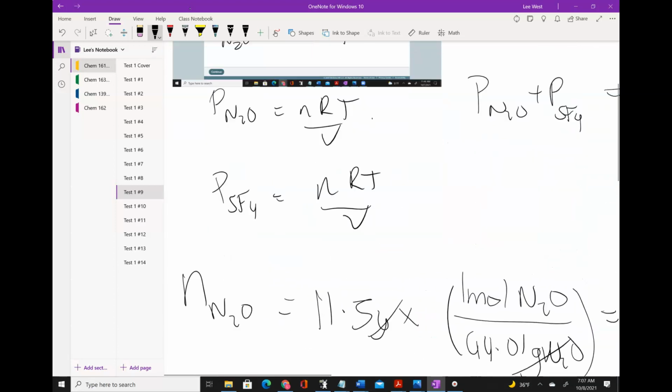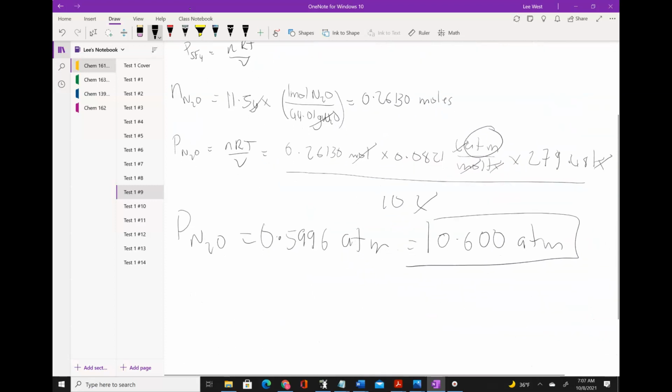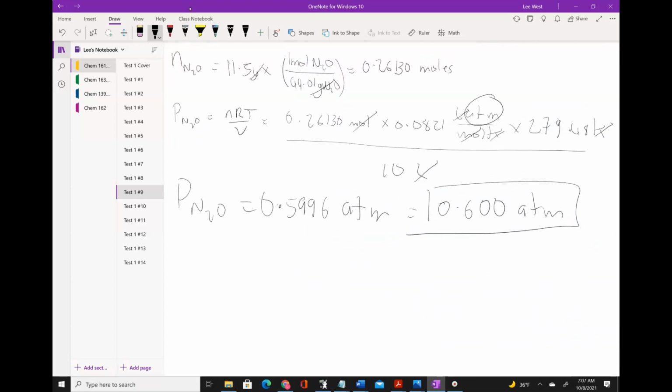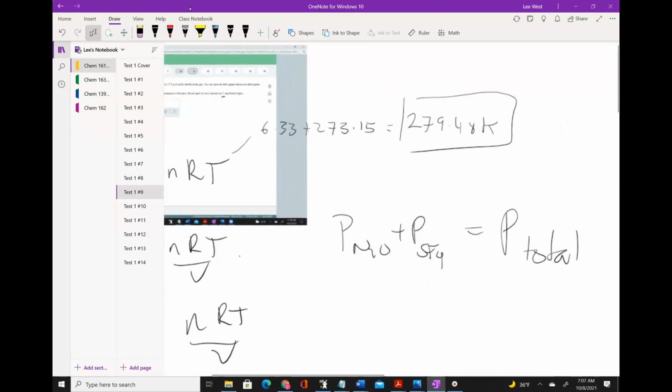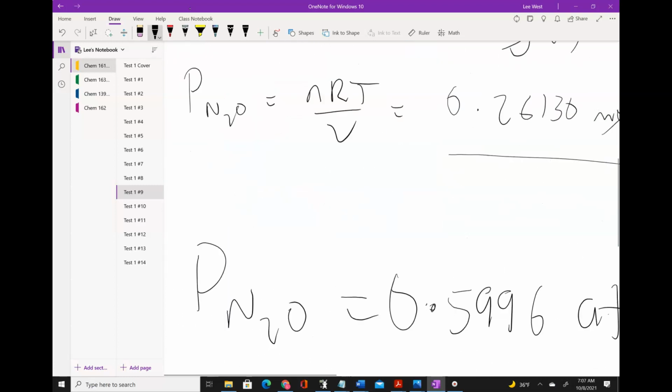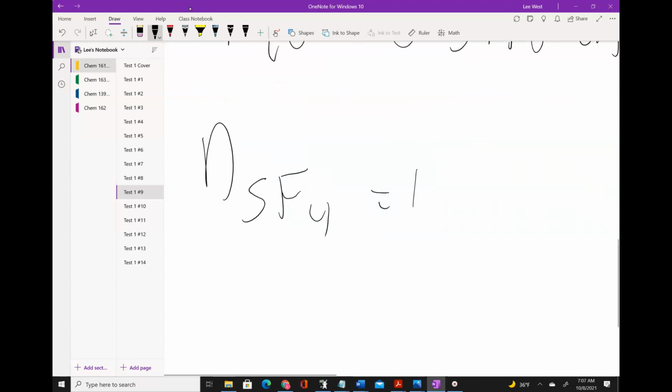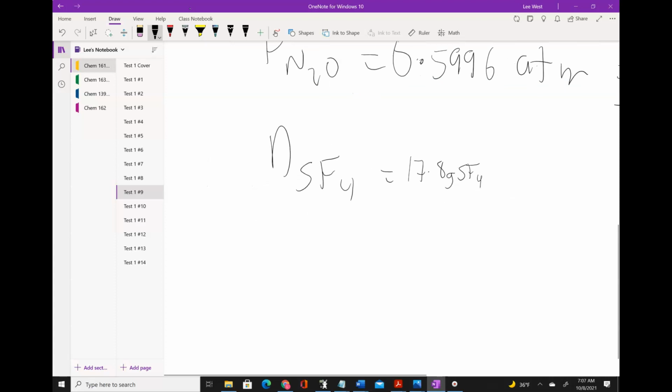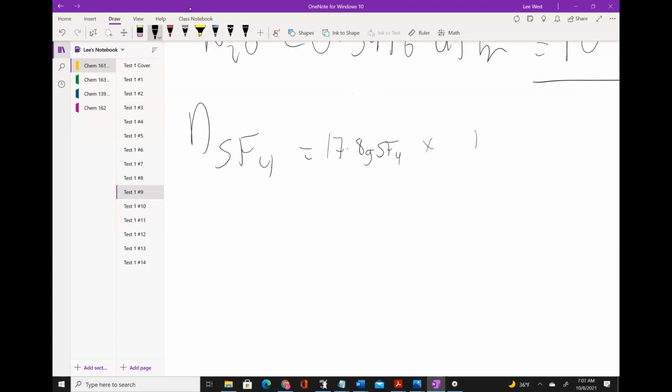This one's going to go a little quicker, but we will need the molar mass of the SF4. The number of moles of SF4 was 19.5 grams, I think, but we'll just check that. See, no, it wasn't. That was the previous question. It was 17.8, yeah. 17.8 grams of SF4 times 1 mole of SF4 over however many grams of SF4, right?